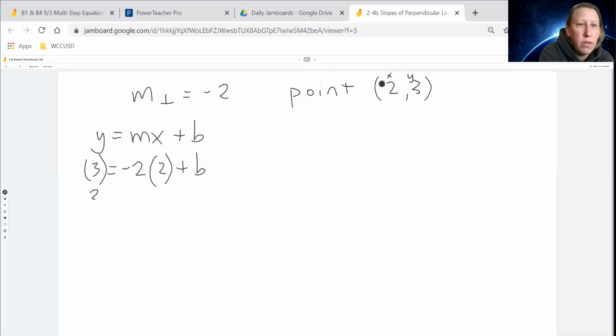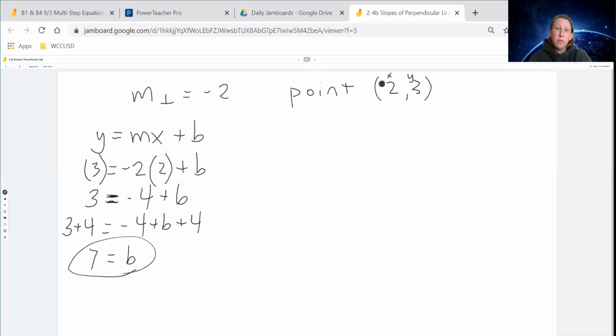That's going to get me 3 and -4 plus something. And I'm trying to find where the line is going to cross the axis. I'm trying to write the equation of the line. The way we do this is we add 4 on both sides. Get 7 is the same as b.